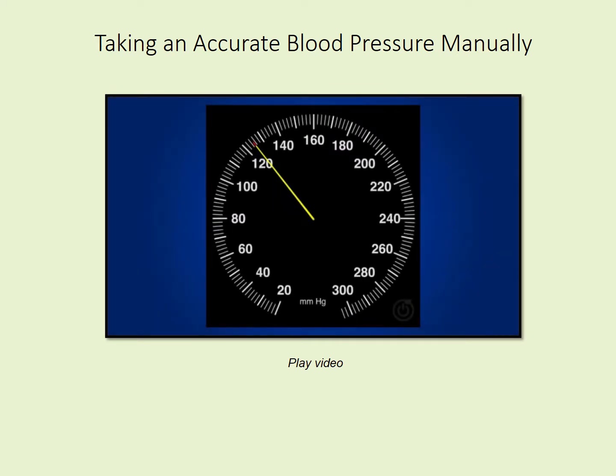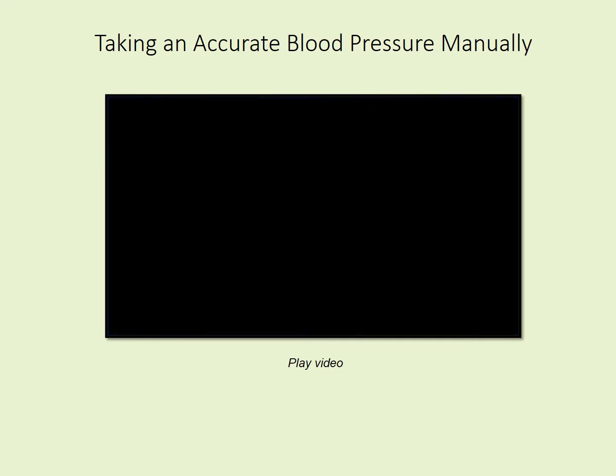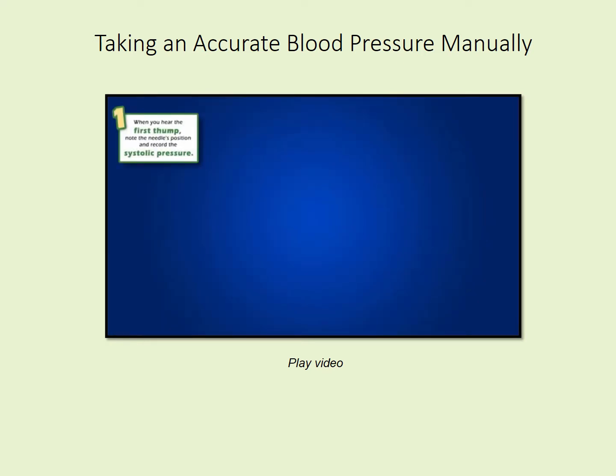When you arrive at the point of the procedure, when you slowly deflate the cuff to hear the sounds, you will notice the needle move in a counterclockwise direction. It is at this point that you need to listen very closely for the thumping sounds. Upon hearing the first thump, note the needle's position on the dial and record the number.